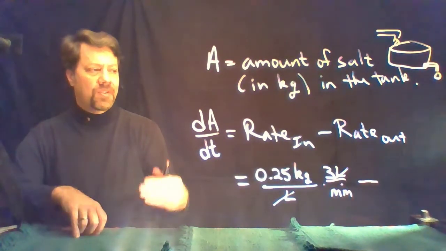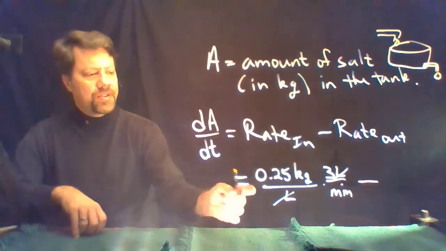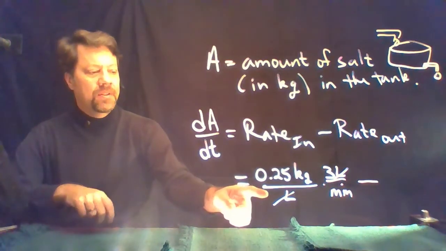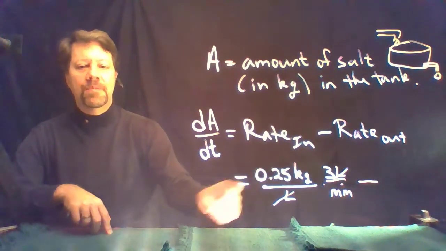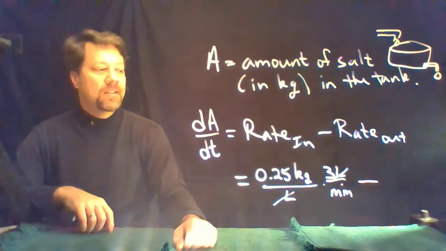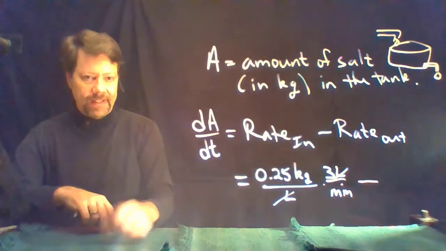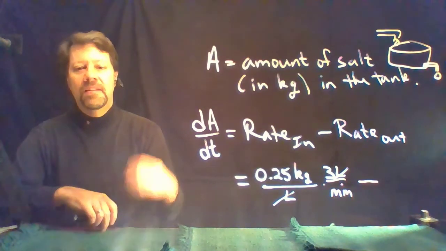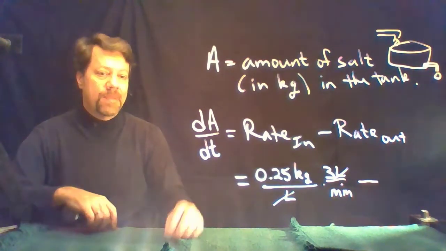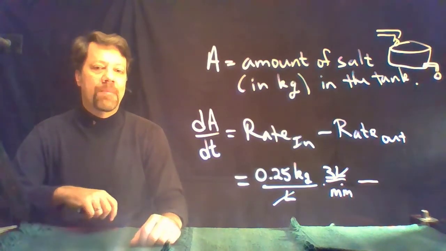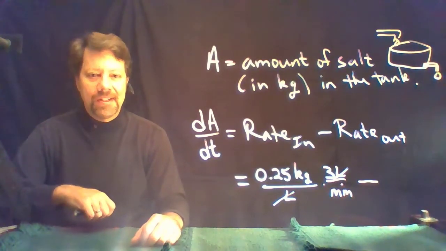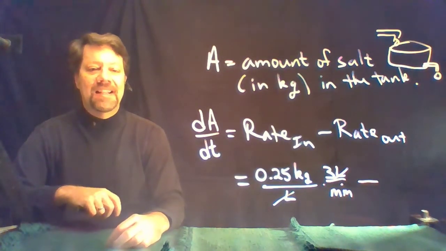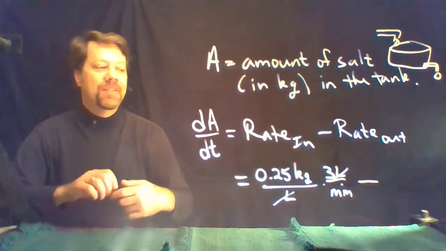How much salt is leaving the tank? Notice that to determine the amount of salt going in, we had to multiply the number of kilograms per liter, the concentration of the salt, times the volumetric rate at which the mixture was being pumped in, 3 liters per minute. The volumetric rate at which stuff is being pumped out is 2 liters per minute. But what is the concentration? That will depend upon how much salt is actually in the tank, and also how much fluid.